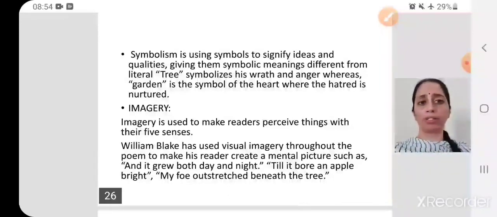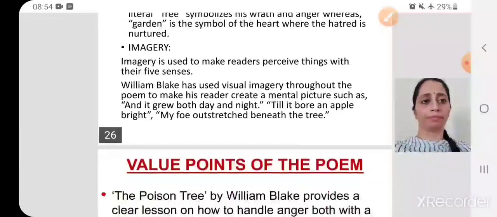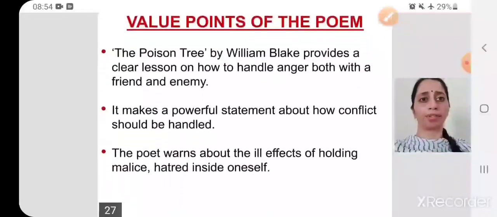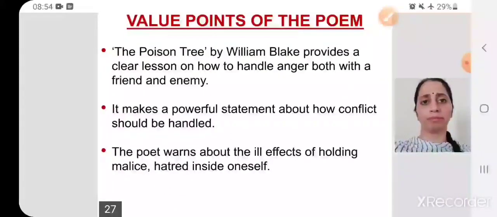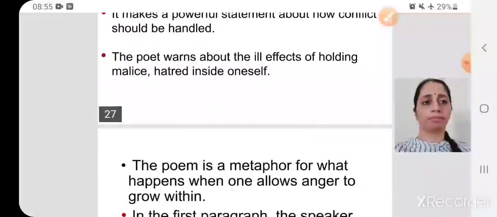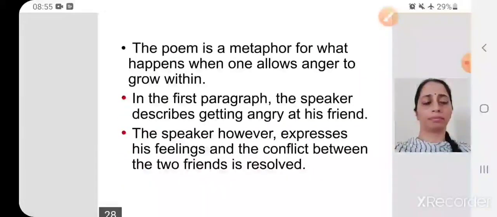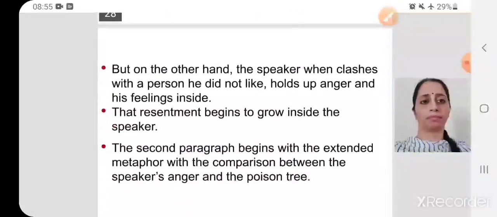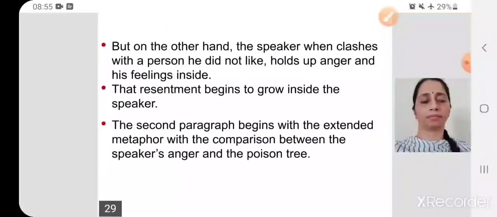We will quickly go through the value points used in the poem. Jot them down, students. Make sure that you always jot down the value points of the poem as well as the lesson. What are value points?